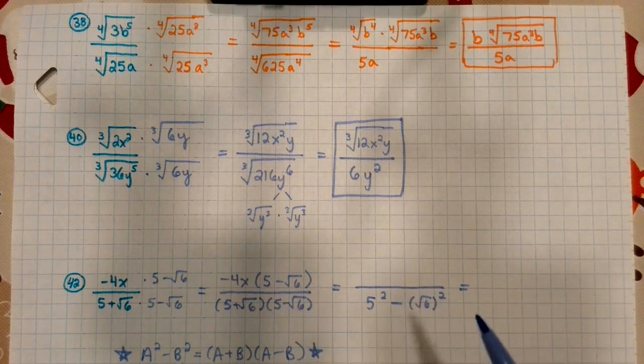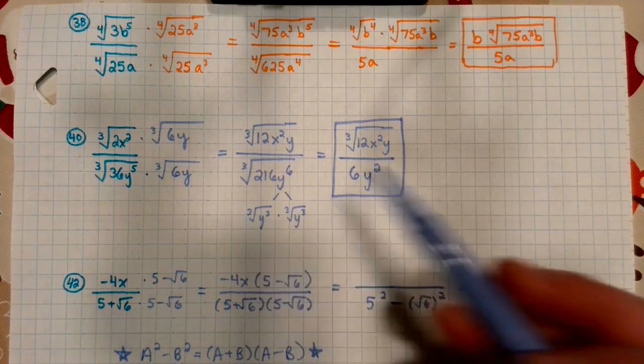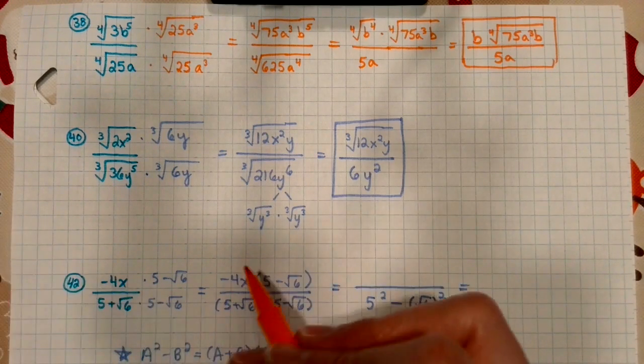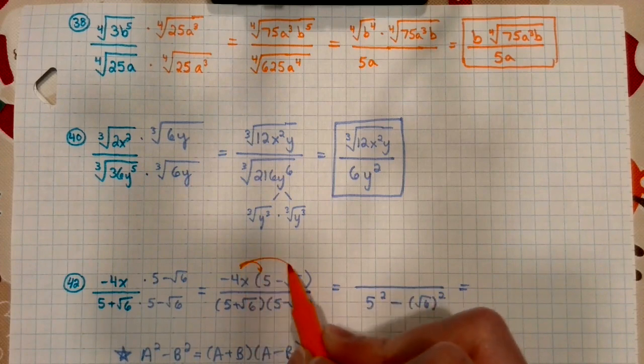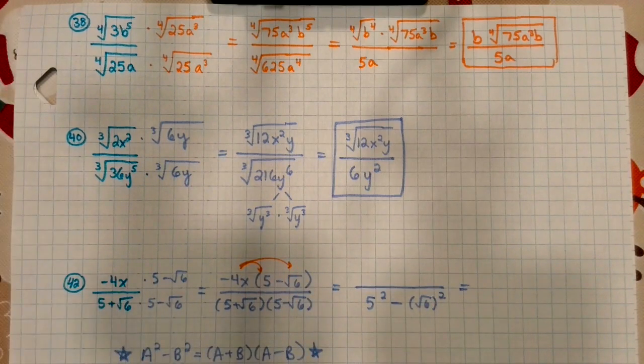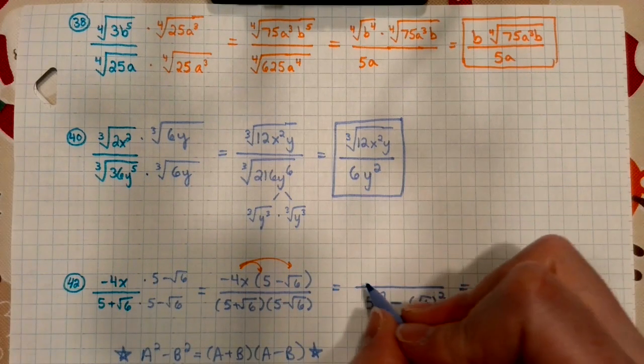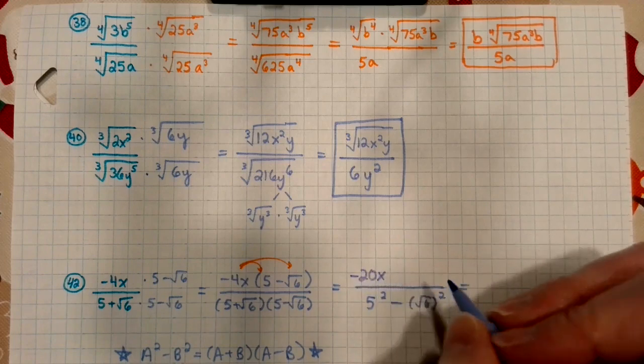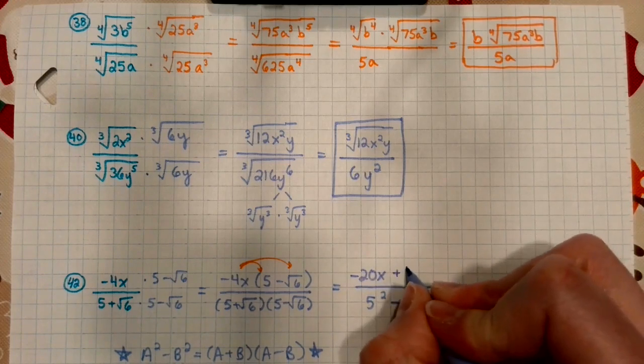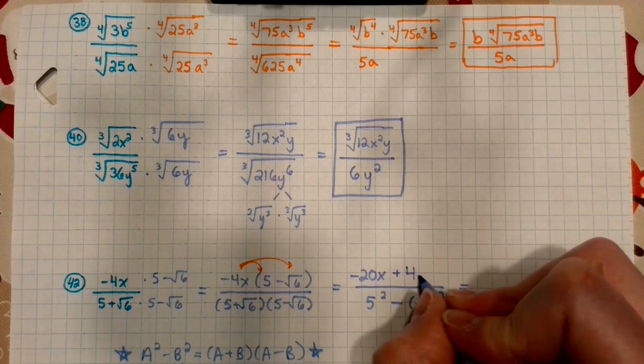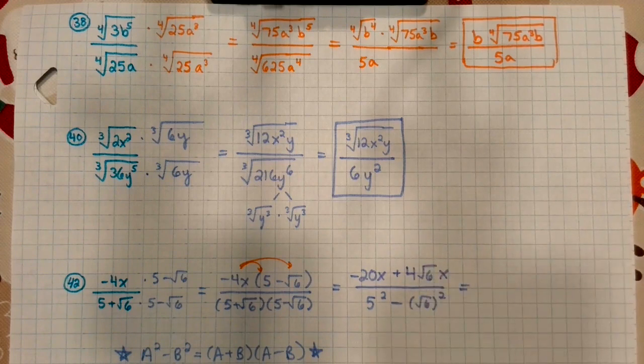On the top now, if I go through and distribute, we're going to be taking this negative 4x times the 5 and this negative 4x times a negative square root of 6. We'll end up with negative 20x and then plus 4, and then we'll write it as the square root of 6x.